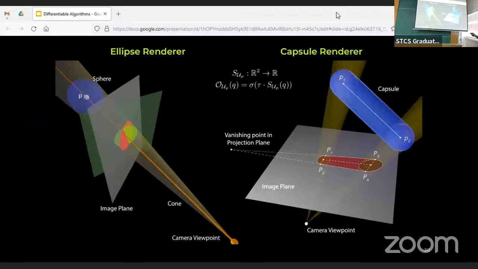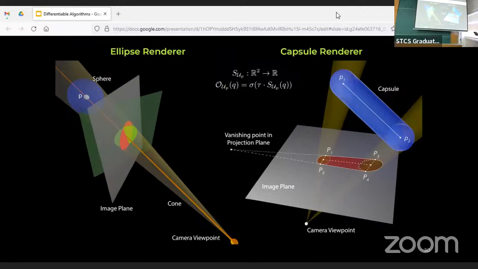So here we are on the image plane. Let's say we have found the equation of this capsule projection, and we have the signed distance function, which says for any point on the image plane how far away it is from the boundary and whether it's inside or outside. The sign says inside or outside, and the distance is the distance from the boundary.